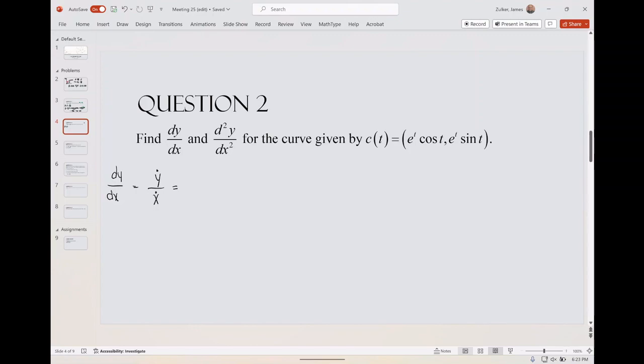E to the power of t cosine t. That's it. Minus. And then it's going to be the opposite, like the rate of e over cosine t. You said minus? Or plus. Right, remember product rule?